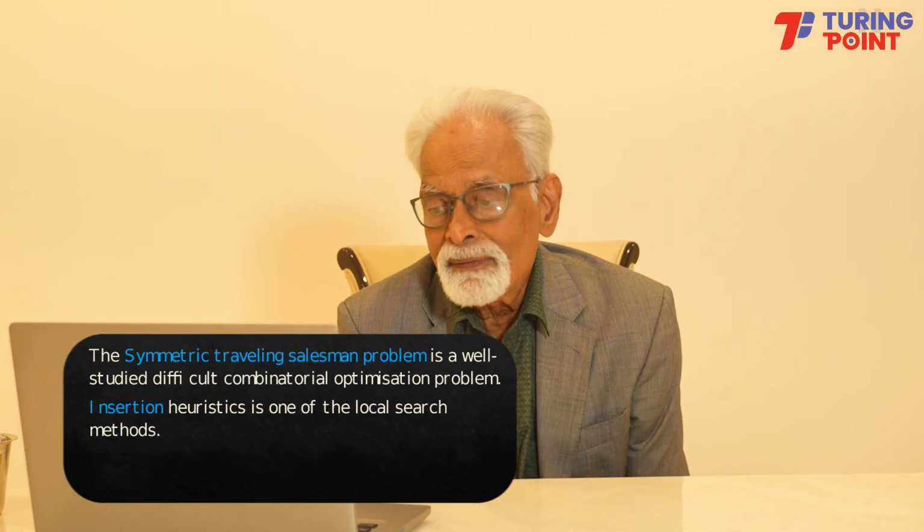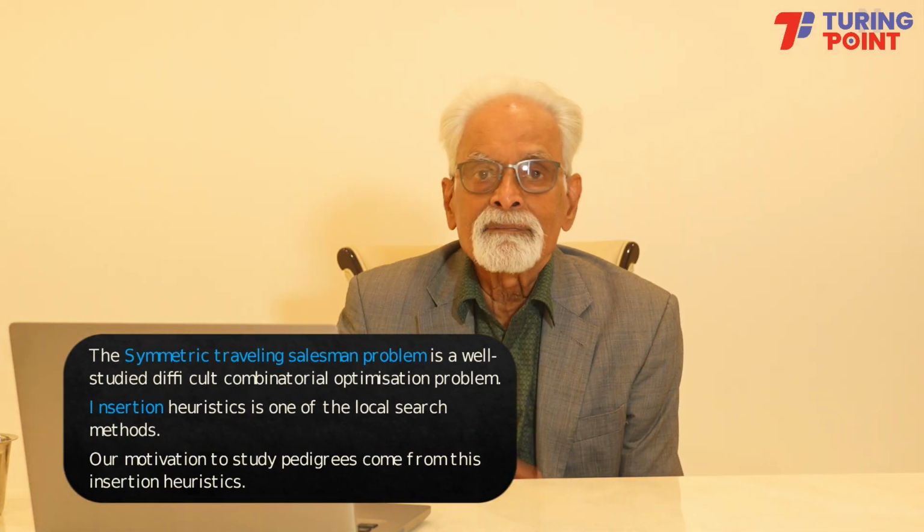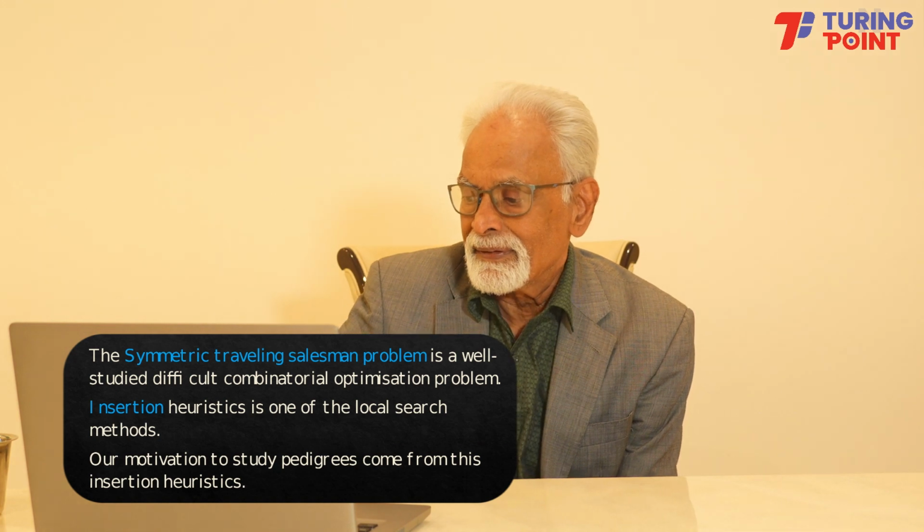So this is what is called the insertion heuristic. So where do you insert? You will insert where the cost increases the least. So this is the idea behind the insertion heuristic. Our motivation to study pedigrees came from this insertion heuristic. Now I will explain how you do this insertion and how it connects with pedigree.